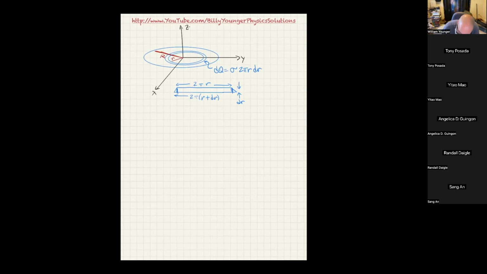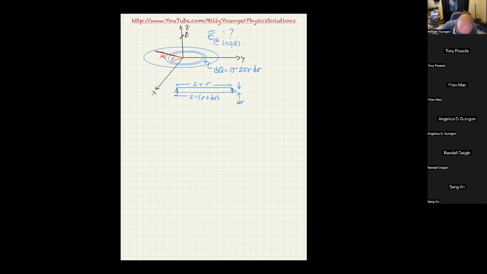I'm going to say we're trying to calculate again the electric field at let's say the point (0, 0, z). Okay, that's what our question is. It's uniformly distributed.